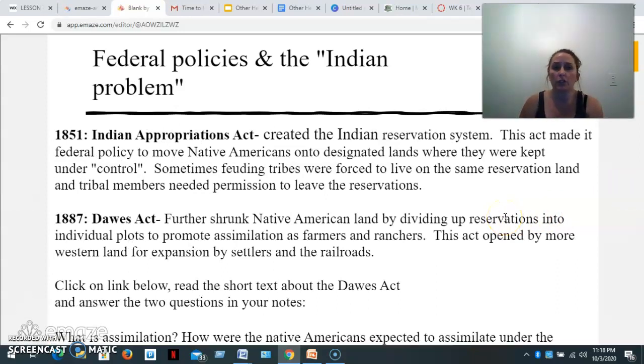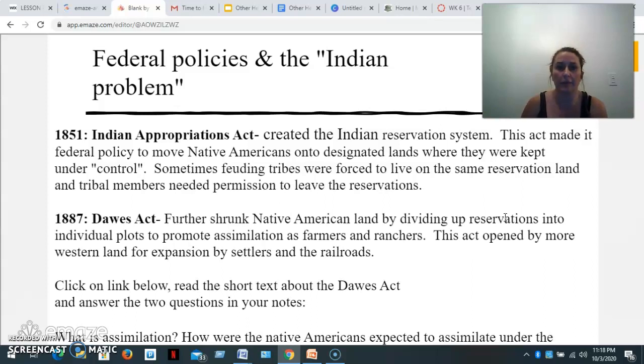And then we're going to go into federal policies and the "Indian problem," according to the federal government. In 1851, the Indian Appropriations Act was passed, and it basically created the Indian reservation system.